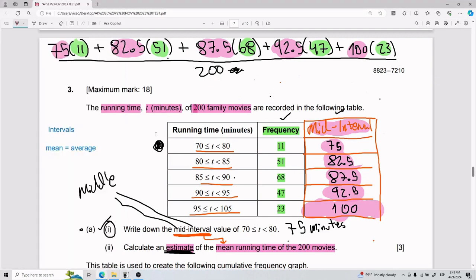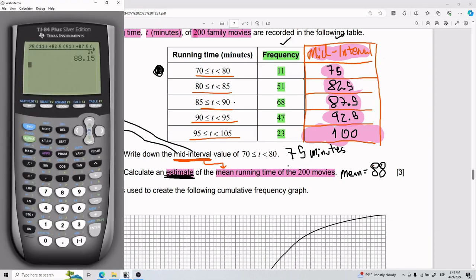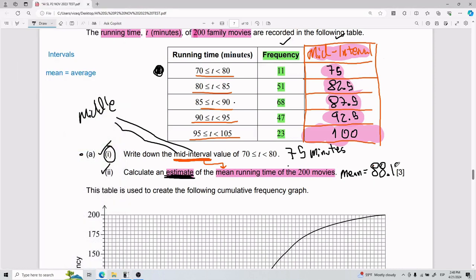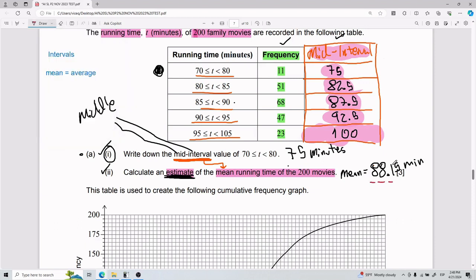There you go. And so for part A double I, we have that the estimated mean is going to be 88.15 minutes, right? If you're the kind of person that loves significant figures, you can count 1, 2, 3, and round it up or keep it the same. Both of them work. I suggest leaving the long answer.